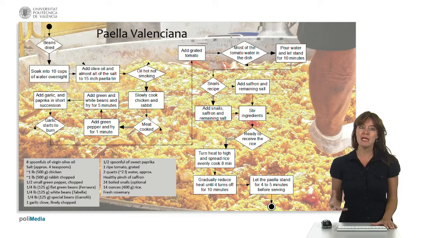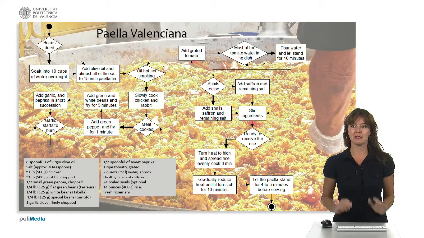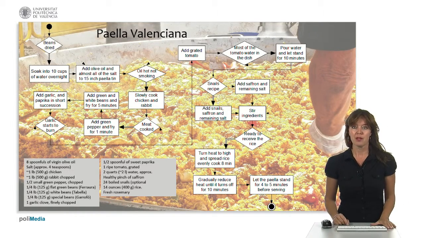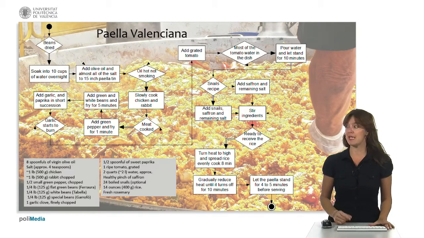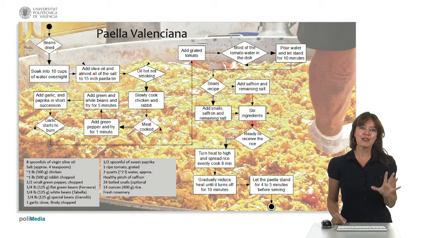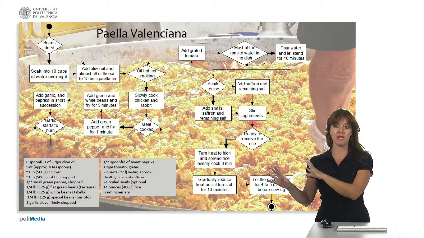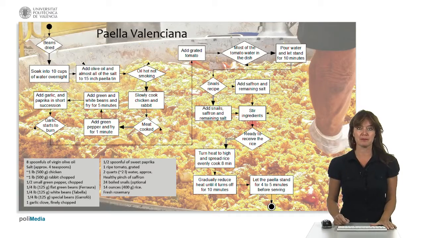And then you put the meat, you put all the vegetables and the tomatoes. And when everything is put together, you add the water. Then you wait a little bit, you stir everything around, add the rice, and within 10 to 18 minutes, you've got a delicious paella. So this is a specific algorithm that step by step explains how to go to a specific task that you want to complete.